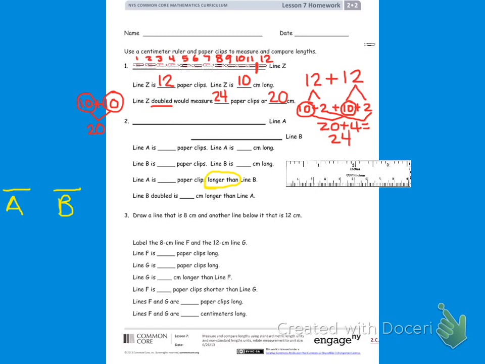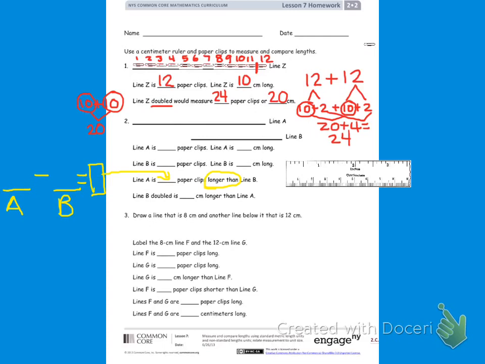Since they're asking you to compare the two, finding out how much longer line A is, we'll subtract. The answer to this problem will be recorded right here. Again, you'll be using paper clips on that one.